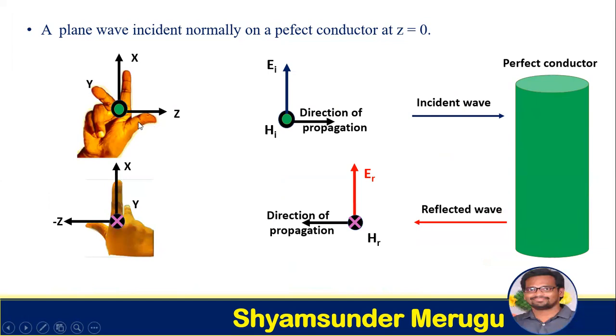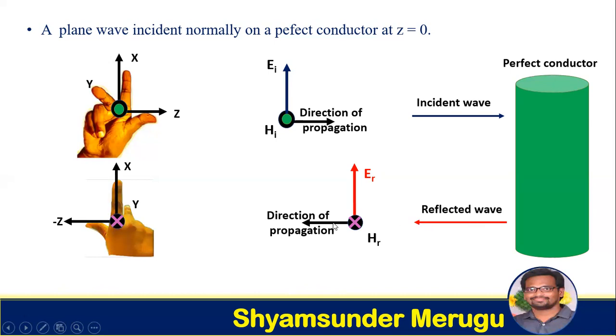Let us consider the thumb indicates the direction of propagation, that is, the propagation is oriented along the z-axis, and the electric field is oriented along the x-axis, which is indicated by the forefinger, and the magnetic field is oriented along the y-axis. And here, if we observe this finger direction, it is coming out from the screen, that is towards you, and coming out is indicated with the dot.